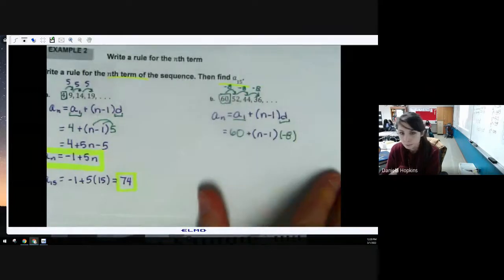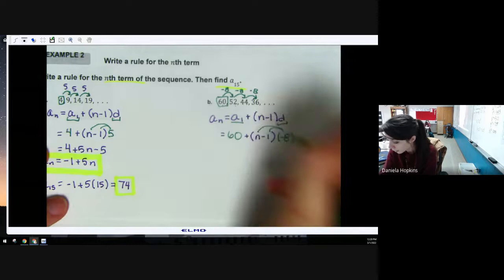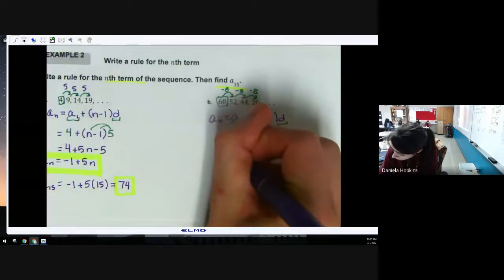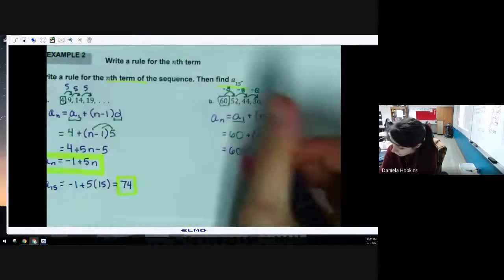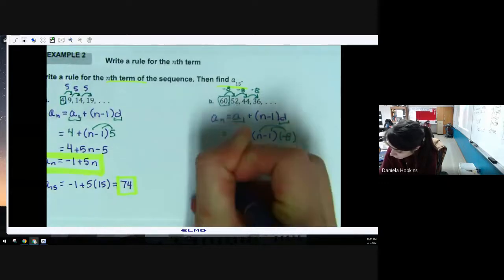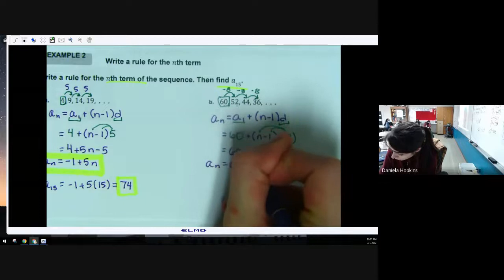We'll go ahead and distribute that -8 in. So it should be 60 minus 8n plus 8. So your general rule should be 68 minus 8n.